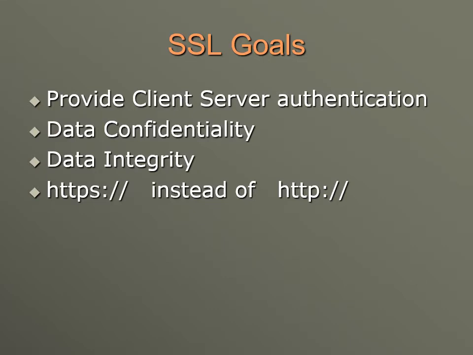One of the most important goals of SSL is to provide server and client authentication, data confidentiality, and data integrity. Application layer client-server programs such as Hypertext Transfer Protocol, HTTP, that use the services of TCP, can encapsulate their data in an SSL packet.